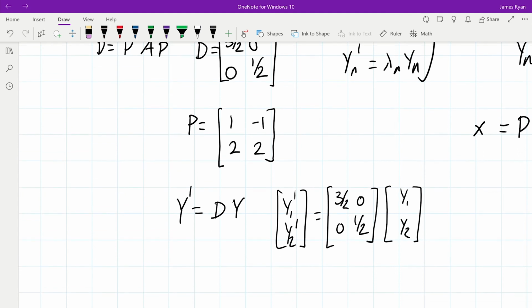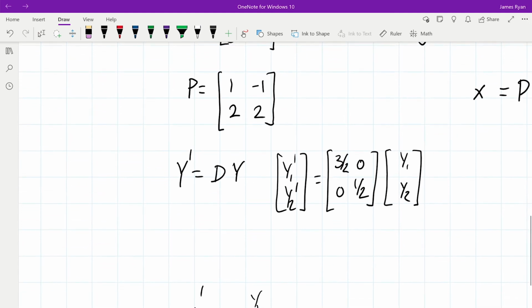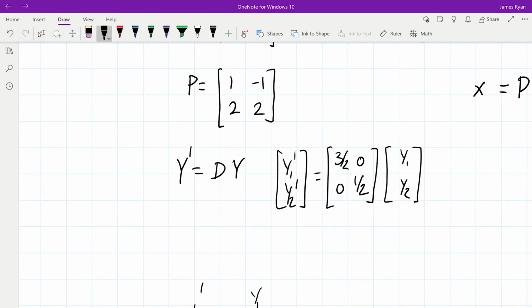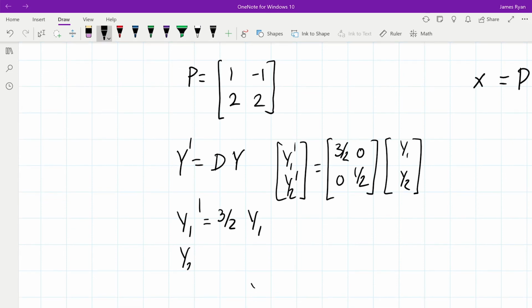Then we can write this as y1 prime is 3 over 2 y1, and y2 prime is 1 over 2 y2.